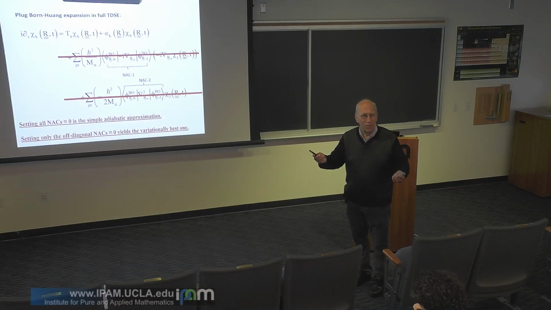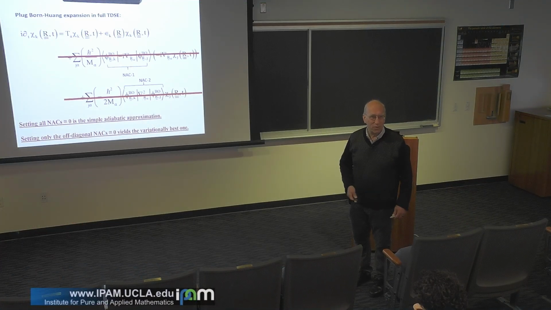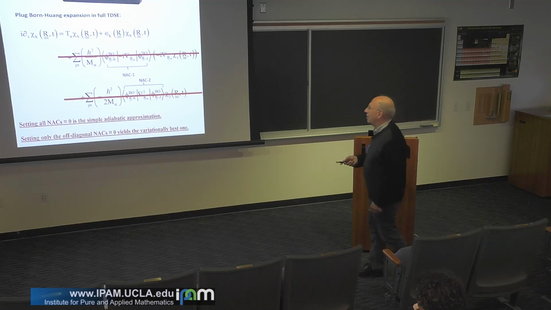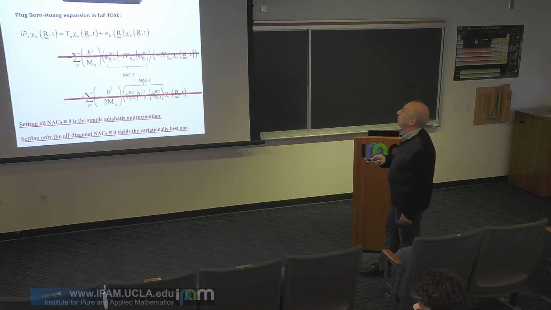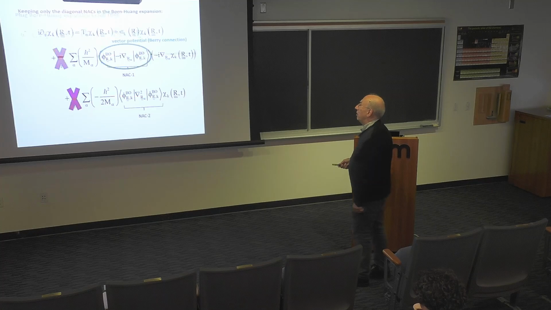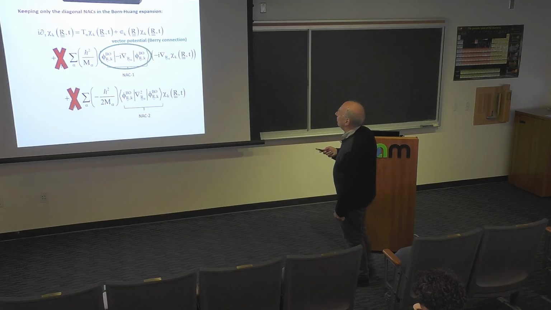It looks like a terrible approximation. I've thrown away almost everything, right? Now, it turns out if one neglects only the off-diagonal non-adiabatic coupling matrix elements, then after a few lines of algebra, one ends up with the variationally best adiabatic approximation that I mentioned before.